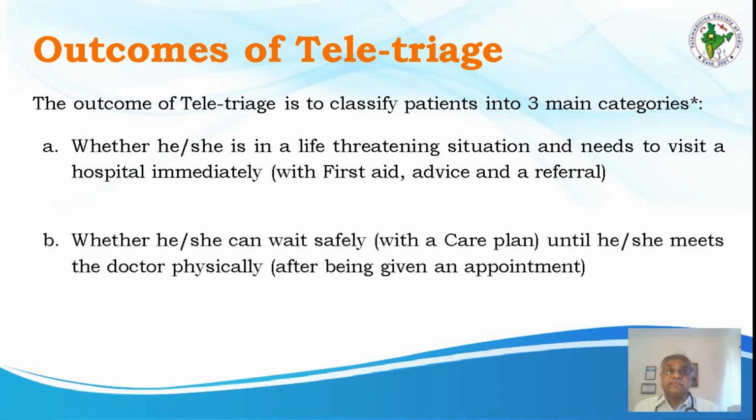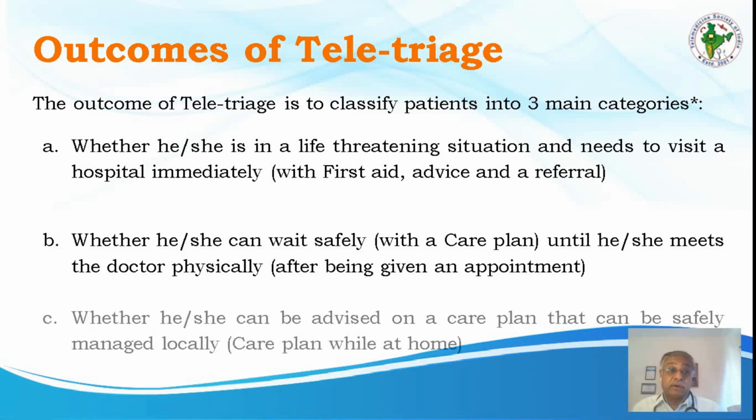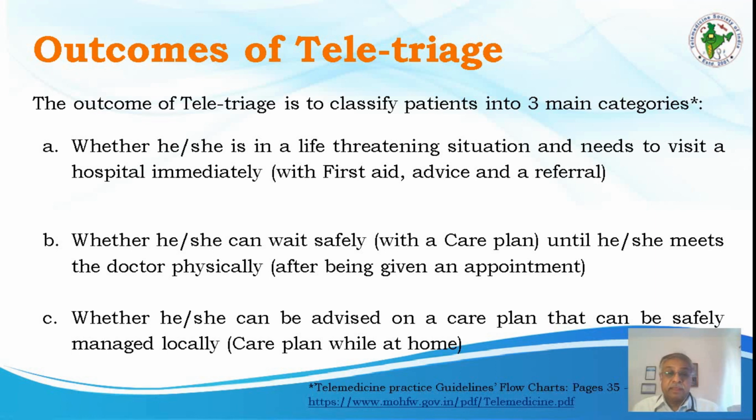Or whether he or she can wait safely with a care plan until he or she meets the doctor physically after being given an appointment. Or whether he or she can be advised on a care plan that can be safely managed and the patient can also be safely managed locally. In other words, care plan while at home. The details are all there in the telemedicine practice guidelines. Please do go through them.